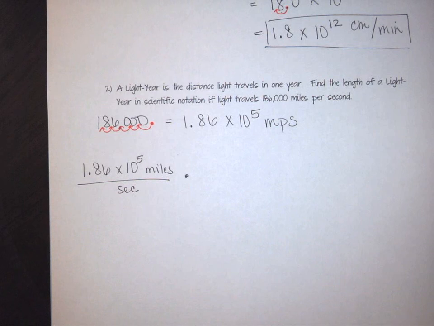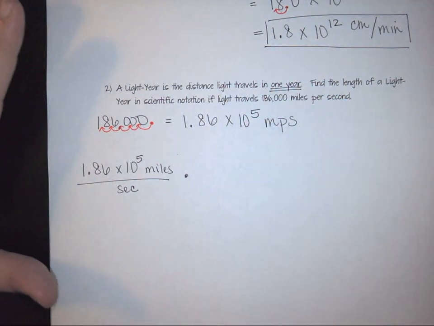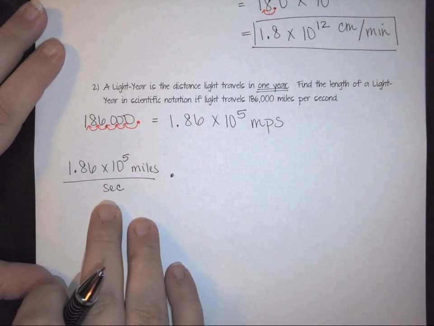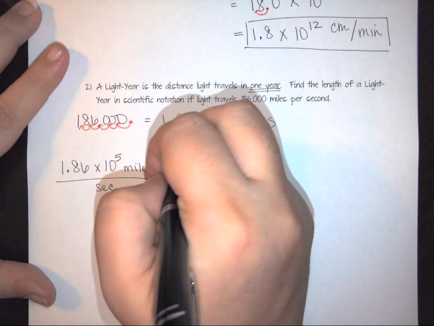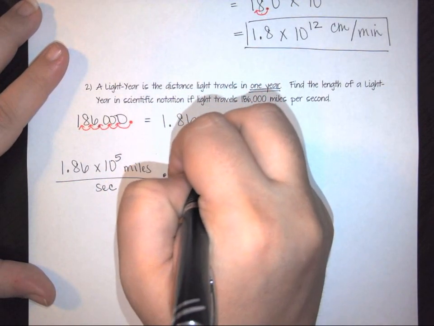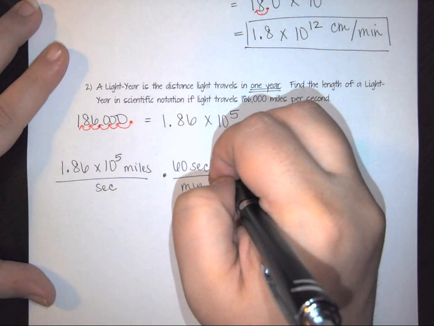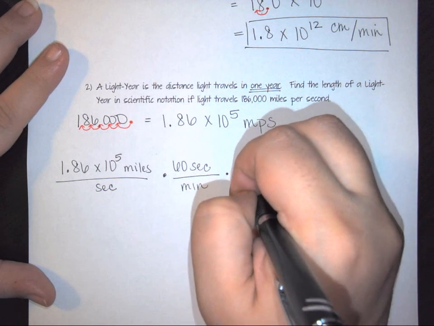Well, first of all, we are talking about traveling in 1 year. I have miles per second here. So in order to do that, the first thing I need to look at is that I have 60 seconds per minute. I also know that I have 60 minutes per hour.